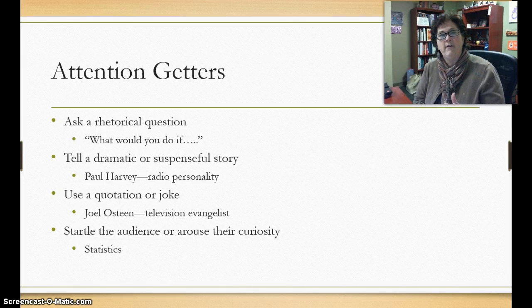Then he would finally reveal who he was talking about or the event he was talking about, and it would be something that you were very familiar with. Maybe he was talking about a famous author or a famous battle in history, and you wouldn't know that that's what he was talking about until the very end, and you would learn so much more about that topic because you were engaged in, I wonder who they're talking about, I wonder what this is about.